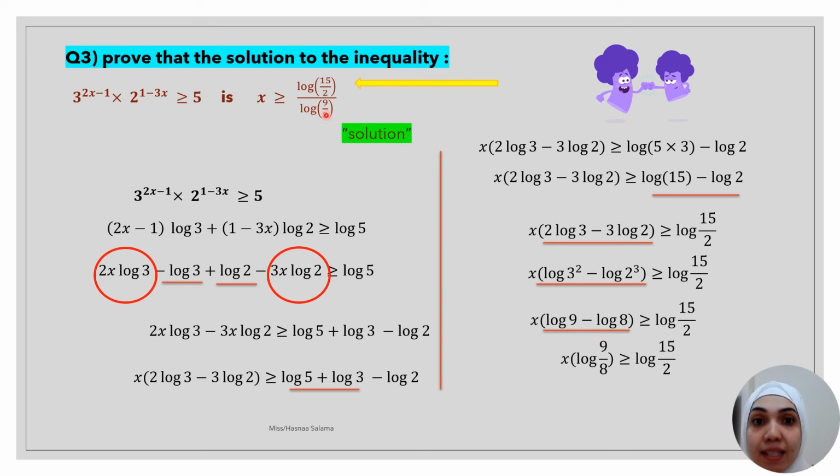To get x, we divide by log 9 over 8 on both sides, so x is greater than or equal to. You can check your answer: 9 over 8 is positive or negative? It's positive. So that's it. Okay, it's easy for you.